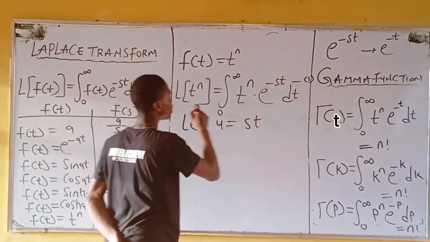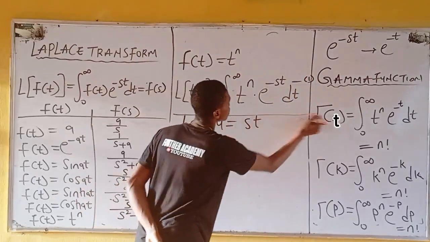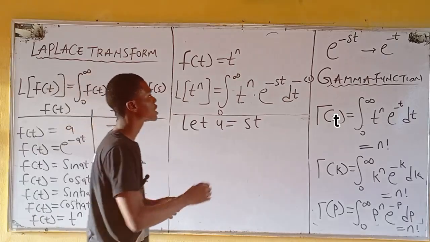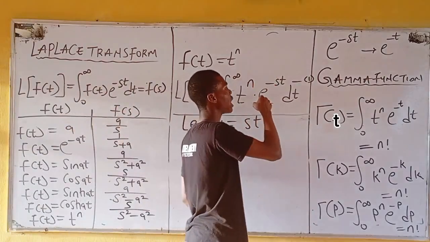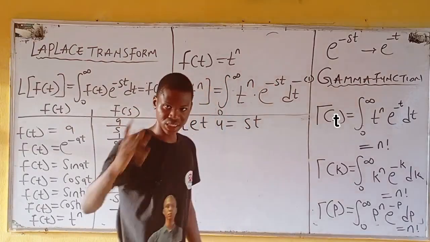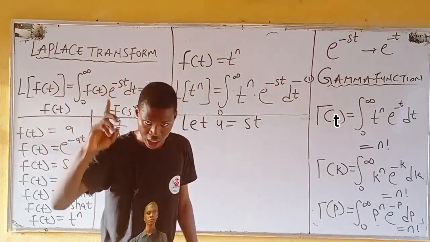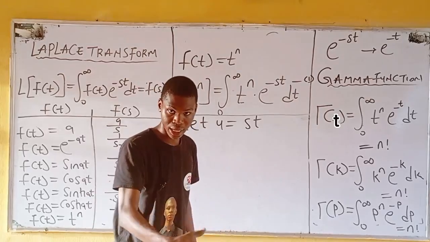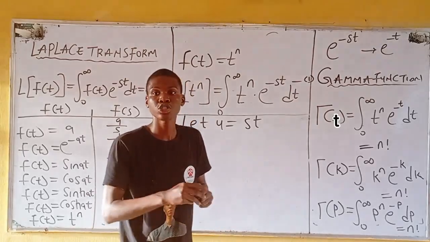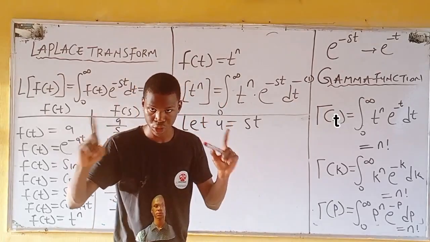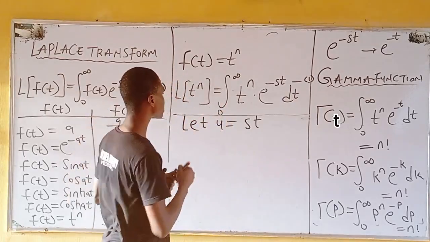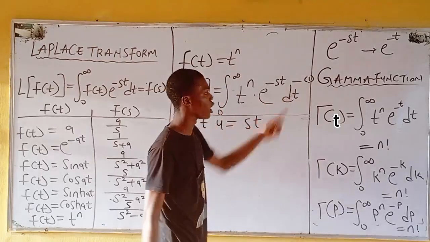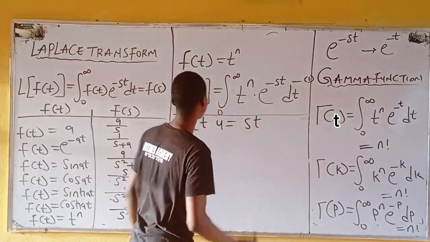Meaning, in equation 1, what I want to achieve is to express the power of my exponential in terms of a single variable. Irrespective of the variable, I will still have n factorial, right? The aim is that it should be a single variable.